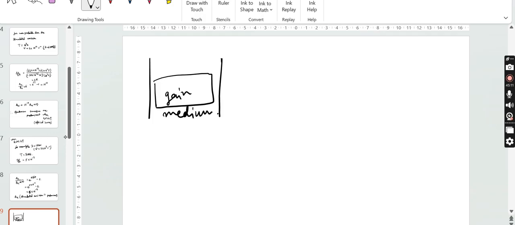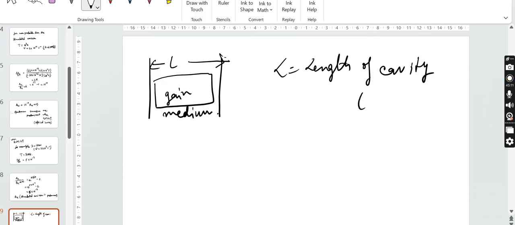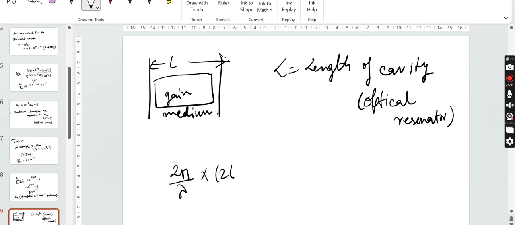This is the length of the optical resonator, with mirrors at each end. The length is L, such that 2 pi over lambda into L is equal to m pi, where m can be 1, 2, 3.